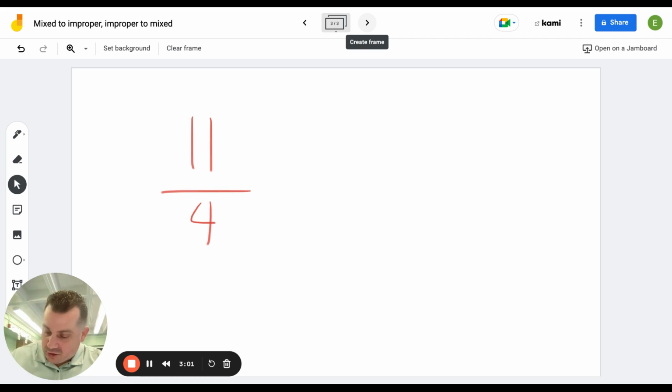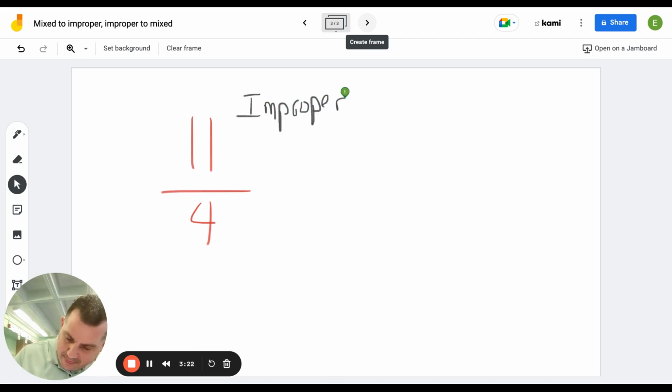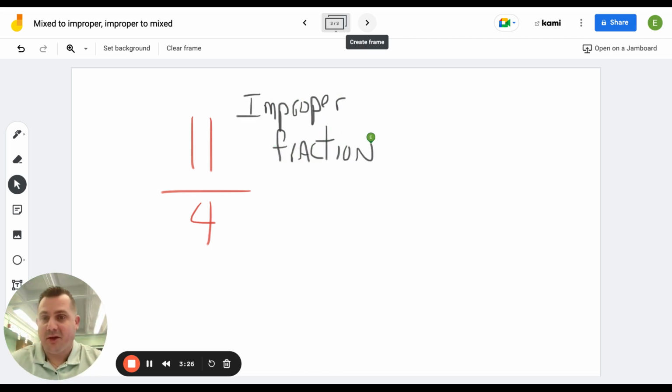Don't forget, your denominator is super important because that lets you know how many pieces are in the whole. How many equal pieces are in one whole? Well, that's four, right? So, once again, change my color. That's my improper fraction. 11/4. How do I make that a mixed number?